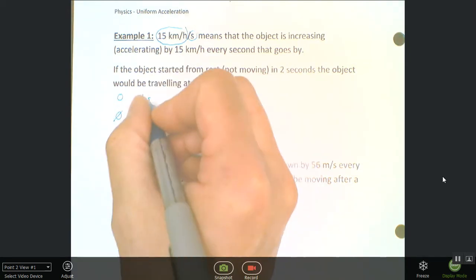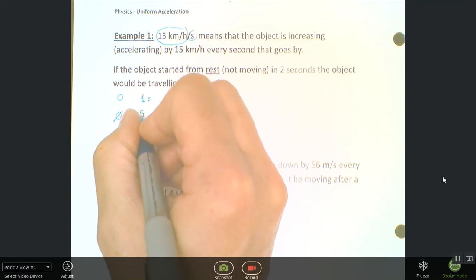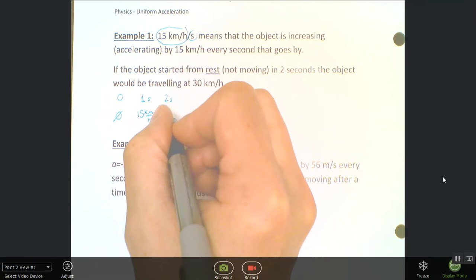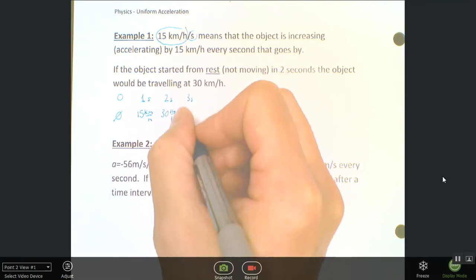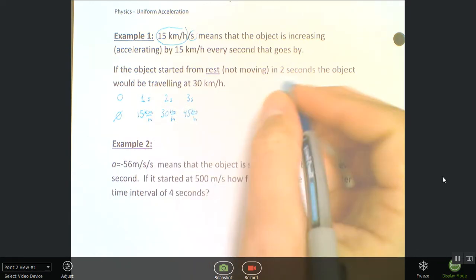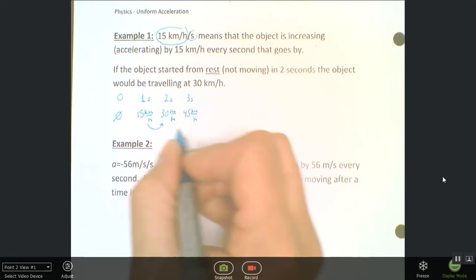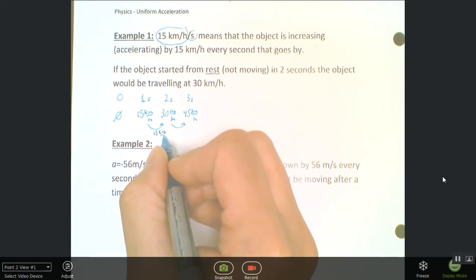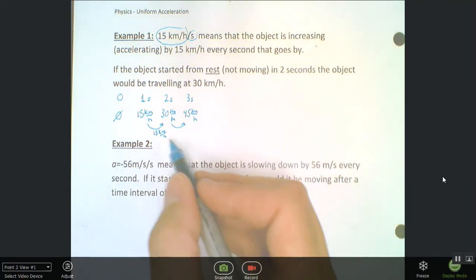At 1 second, it's moving at 15 kilometers per hour. At 2 seconds, it's moving at 30 kilometers per hour. At 3 seconds, it's going to be going 45 kilometers per hour.